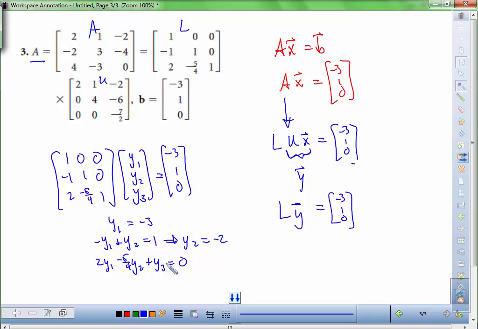So we have values for y1, y2 already, so we'll put that in. And this is the back substitution business that's happening. So this would be negative 6 plus 5/2 plus y3. So y3 is equal to 7 halves.